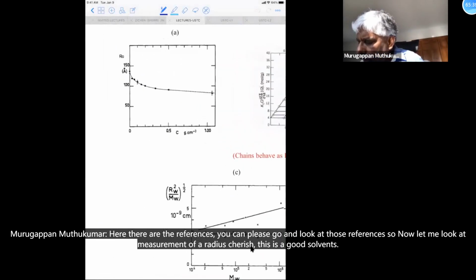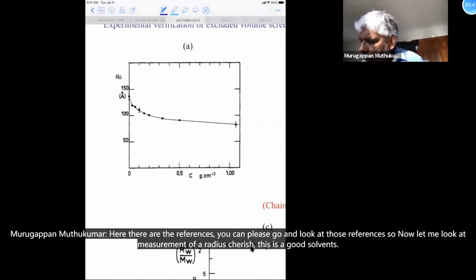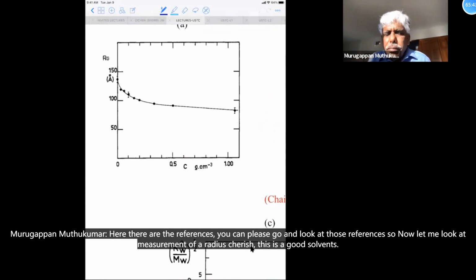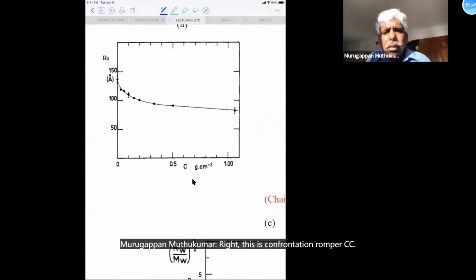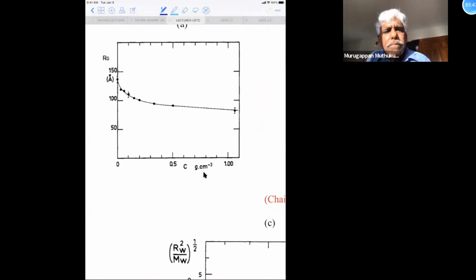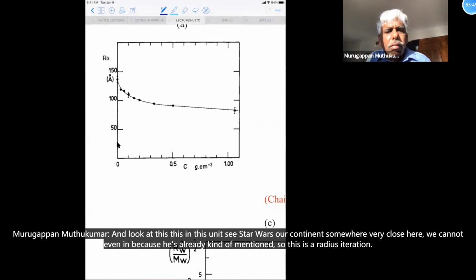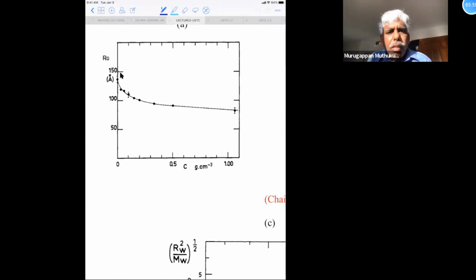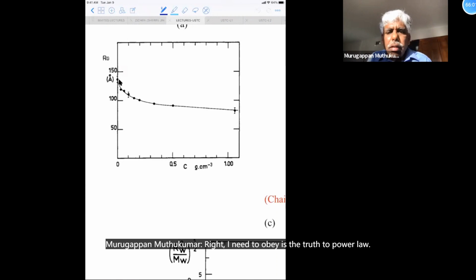So now let me look at the measurement of radius of gyration. This is a good solvent. This is concentration in grams per cc, and this is in units of C star, the overlap concentration, somewhere very close here. This is the radius of gyration, and it obeys the 3/5 power law.